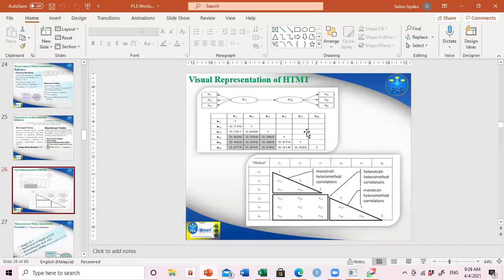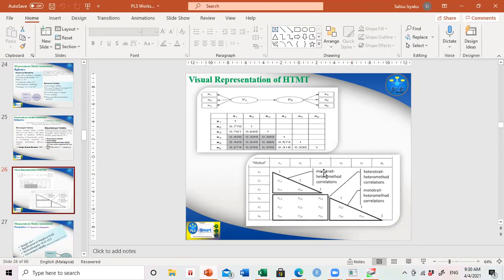Let's go further. So this is all about this HTMT and discriminant validity, criteria for assessing the measurement model. So I think this is all we cover so far as the measurement model is concerned, as per yesterday.